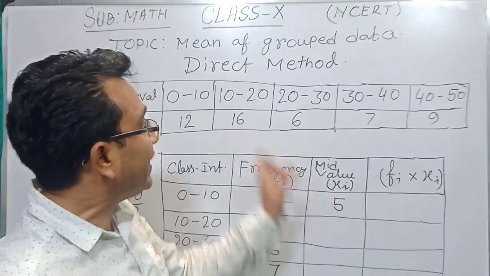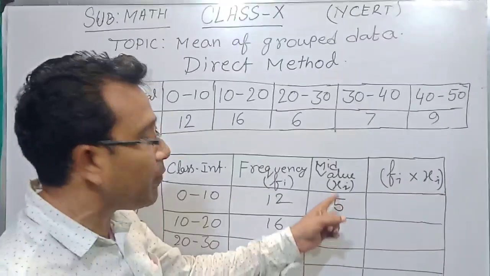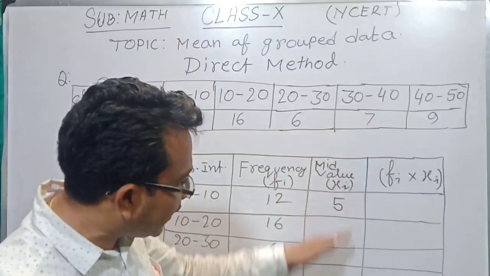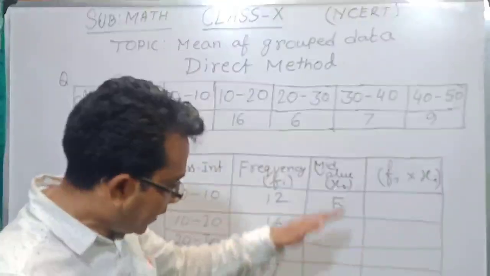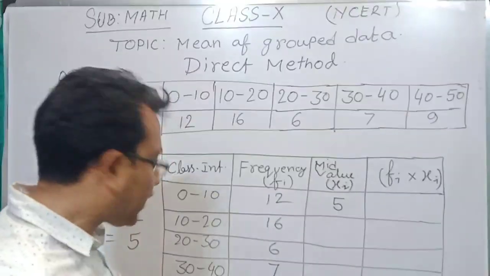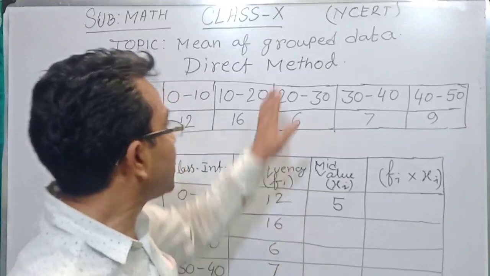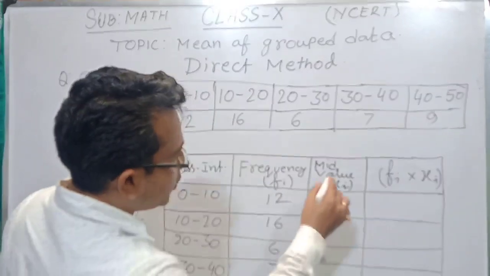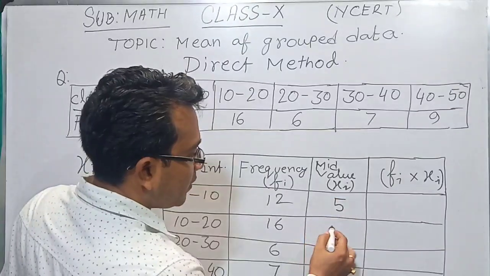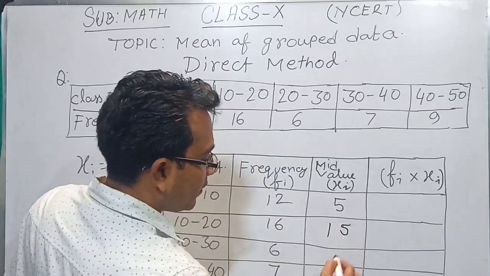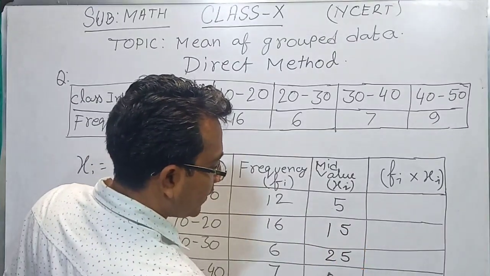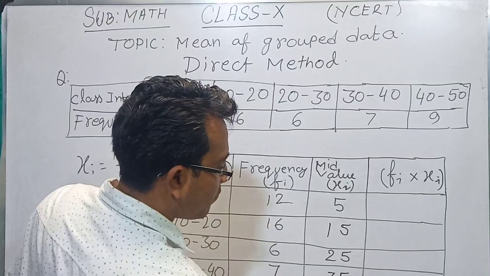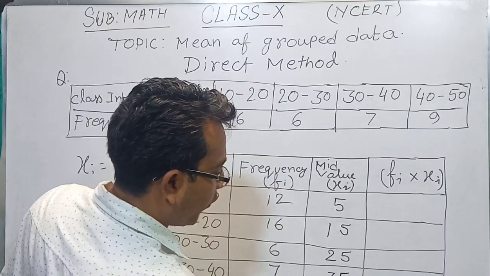So add that width to the first mid value, then gradually you will get the last mid value. So here 5, then 15, then 25, then 35, then 45.